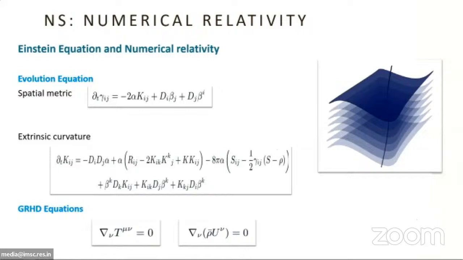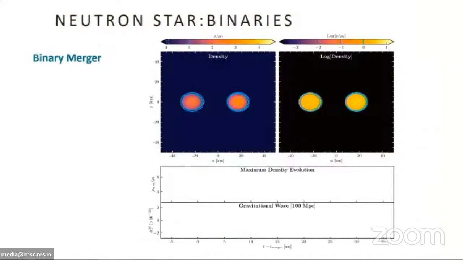Along with this evolution equation and the constraint equation, we remember that we also have to solve the GRHD equations, the general relativistic hydrodynamics equations, which are given by this. Once we can solve them simultaneously, we can have the evolution of the binary merger. Okay, so this is one of the binary mergers that we have performed.